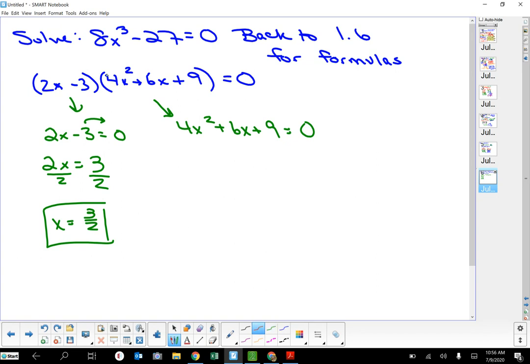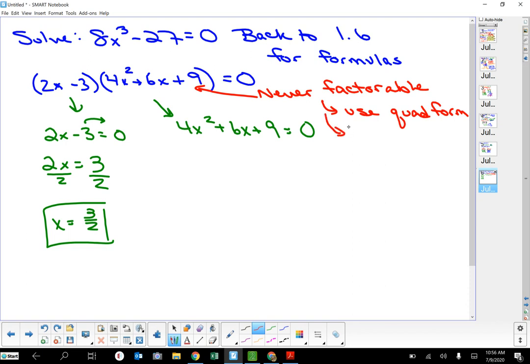So this trinomial up here is never factorable, which means you can either use quadratic formula or you can use completing the square to solve. I think once again, I'm going to go ahead and just complete the square. So remember, our a term has to be 1. So I'm going to divide all these by 4.